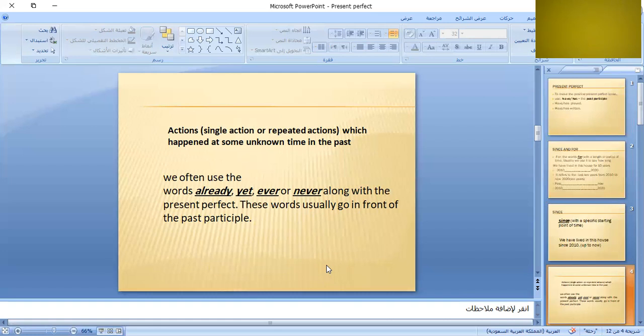So for this use of the present perfect, I use time expressions like already, yet, ever, or never, along with the present perfect, which, as we know, is the verb to have plus the past participle, the third form of the verb. Now, write, wrote, written, I have written, she has written, and so on.